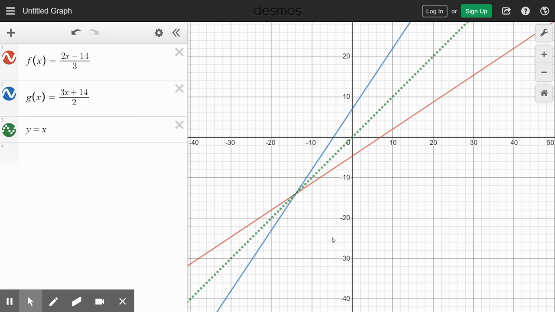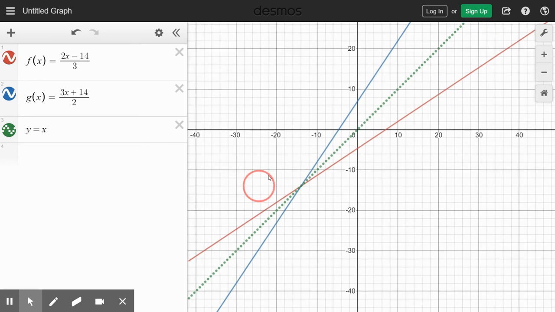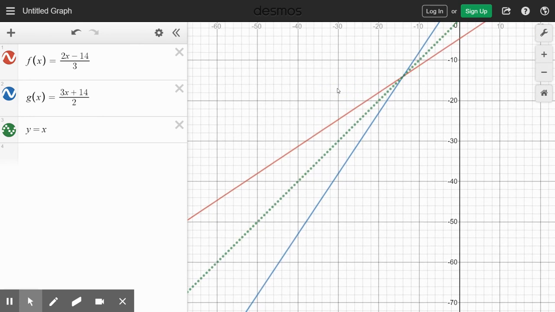And the other way around, if I get the red line, and if I reflect it over the line y equals x, I am going to get the blue line. And it's also the same right here on the bottom. If I get the blue line, which is a reflection of g of x, and if I reflect it over the line y equals x, I am going to get the red line, which is f of x. And the other way around, if I get f of x, and if I reflect it over the line y equals x, I am going to get the blue line, which is g of x.